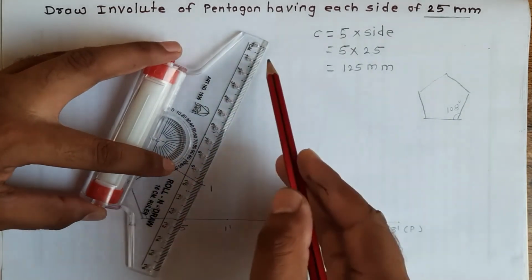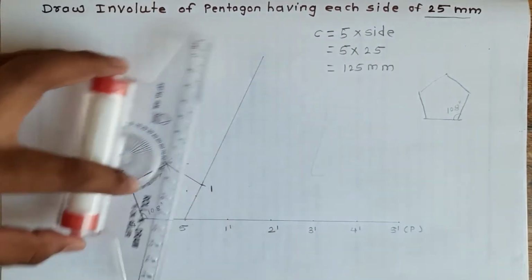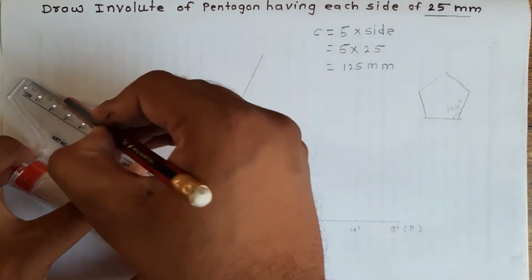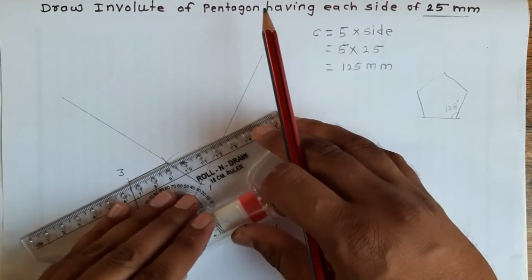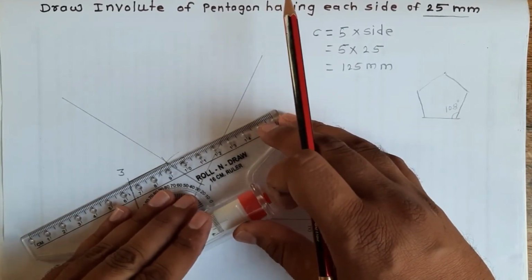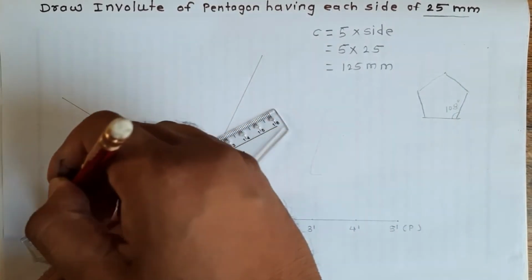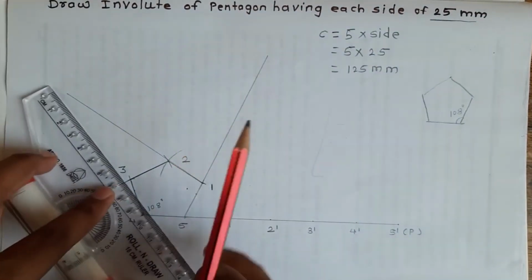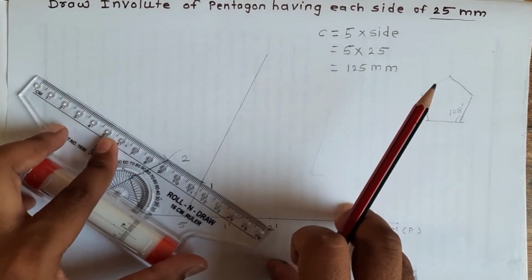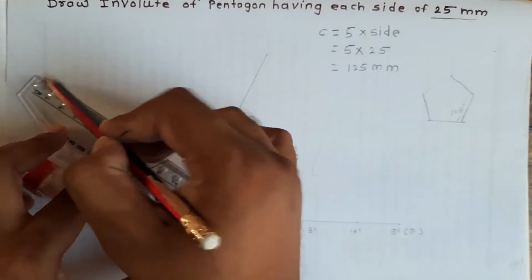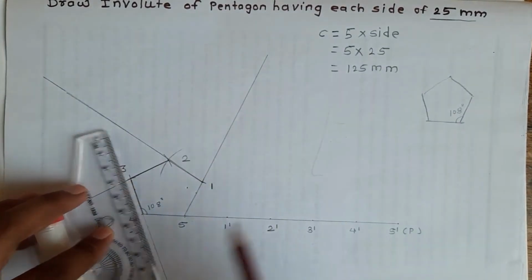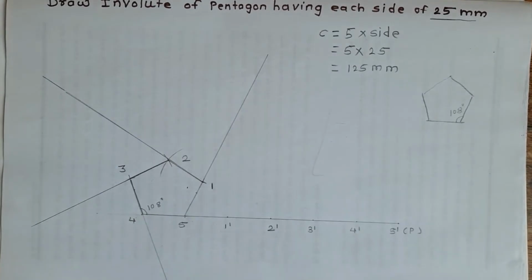As per procedure, I will draw the first tangent, second tangent, then the third tangent, this will be the fourth tangent, and this will be the fifth tangent. So as per procedure, I have drawn the tangents.